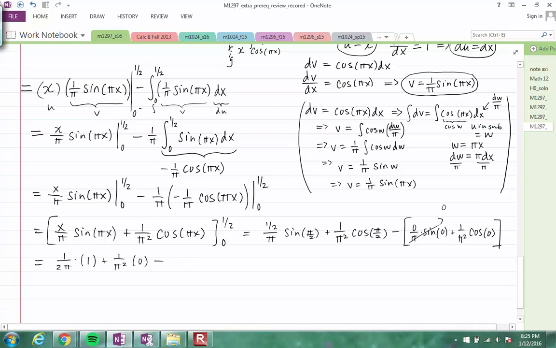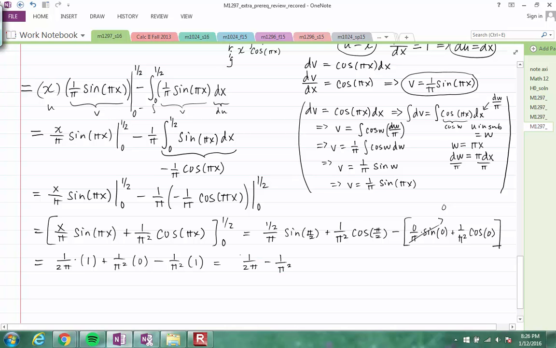Minus, and then we had a 0 in this first term, but what do we have here? It's going to be minus 1 over pi squared times cosine of 0, which is 1. So next we're going to have 1 over 2 pi, this is times 0, so minus 1 over pi squared.